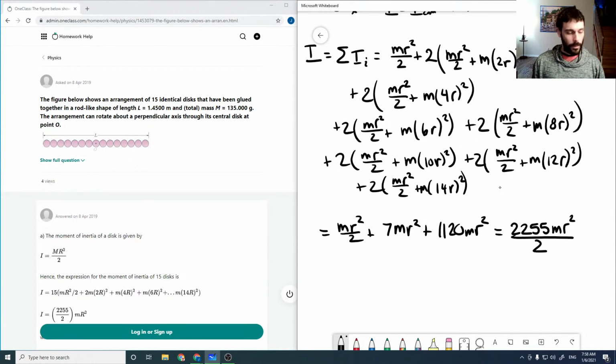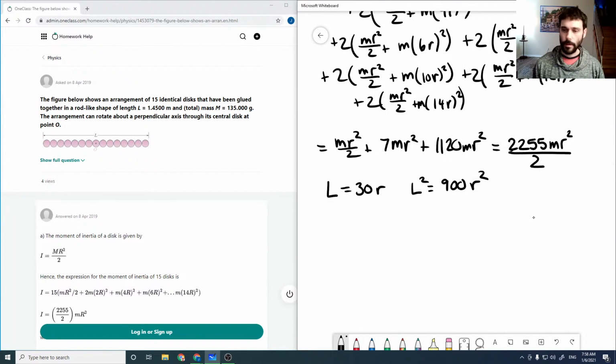Now we can make a couple simplifications here, right? So we said that L was 30r. So then L squared is 900r squared. And so then we can plug this in.